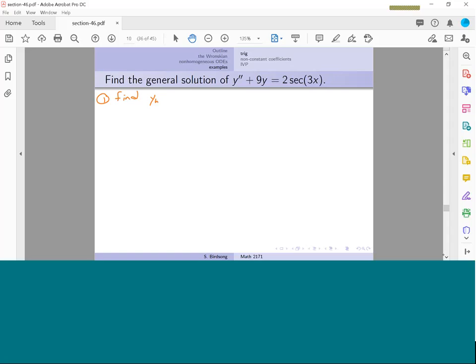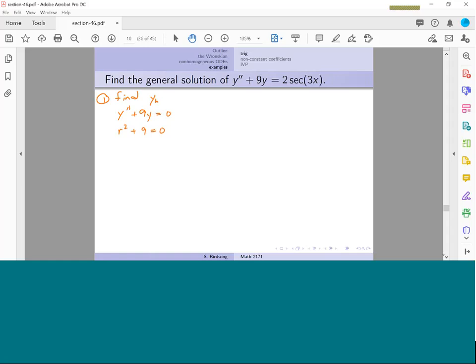The first thing you do is look at our associated homogeneous differential equation. So we're looking at the second derivative plus 9 times y equals 0. We look at our characteristic equation. So hopefully you are all thinking r squared plus 9 equals 0. Remember the conversion: the y turns to an r and the derivative turns into the exponent.